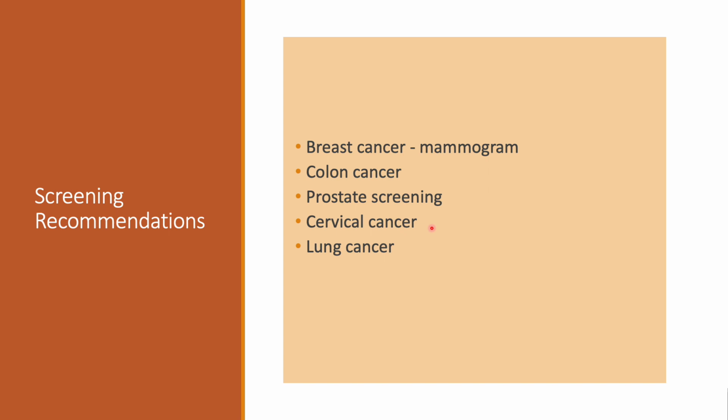Lung cancer screening, if you have a 30-pack year history of smoking, you should be getting an annual CT scan of your chest. And then screening for genetic mutations, you should be asking patients about their family history, you always are.